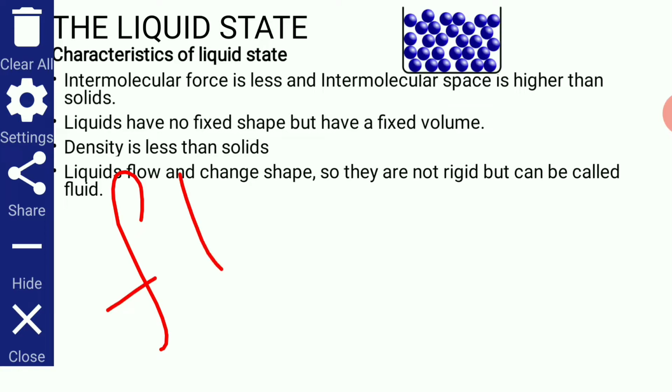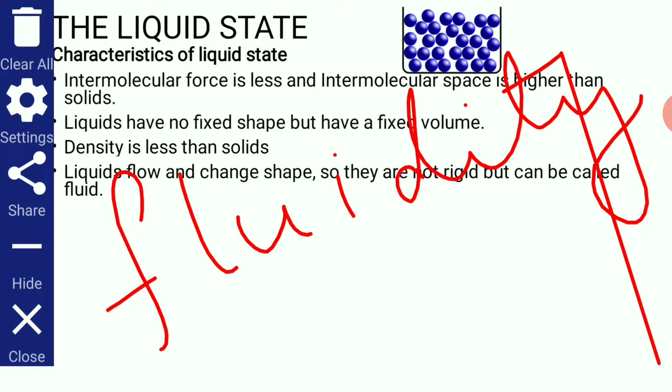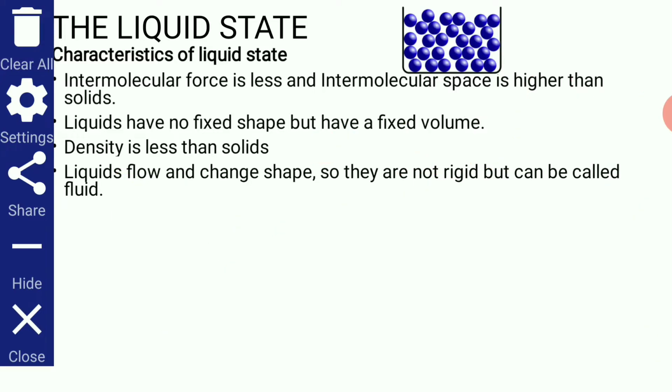Again, I repeat, the property of a matter to flow is called fluidity. Fluidity is the tendency, is the property, is the characteristic of a matter to flow, and the matter which flows is called fluid. Both the terms are different. Fluids are the matter which have the ability to flow, and fluidity is the tendency, the property, or the characteristic of a matter to flow.